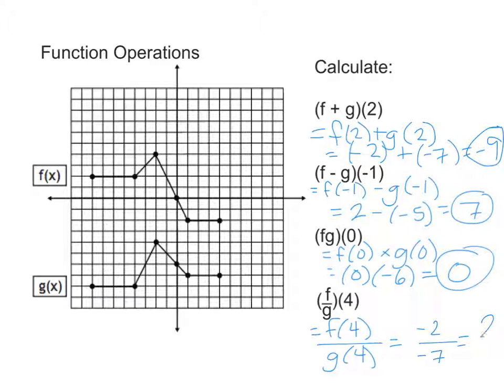So we would just write that as 2 over 7. The two negatives cancel each other out. So if you're just asked to find a function operation for one particular value, it's pretty easy. Just find the function value for the first function and for the second function, and either add, subtract, multiply, or divide depending on what it's asking you.